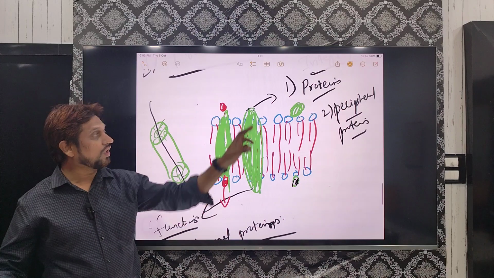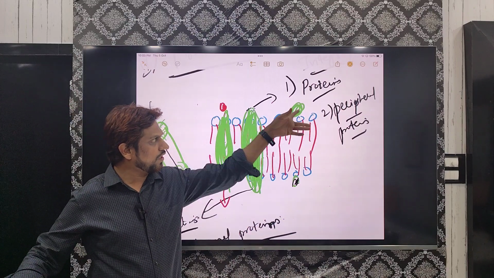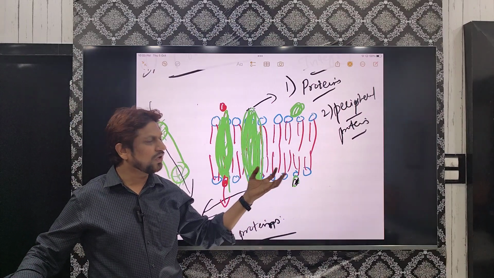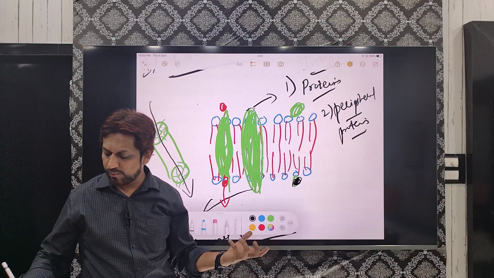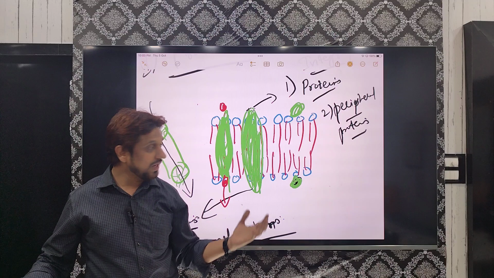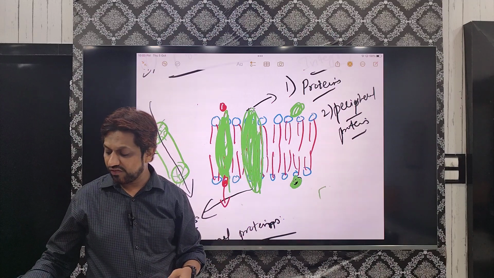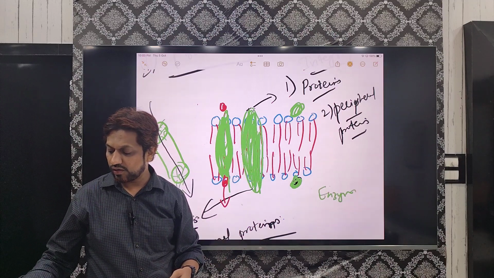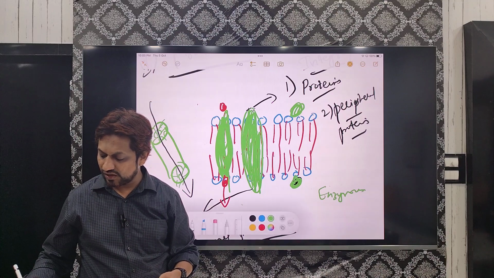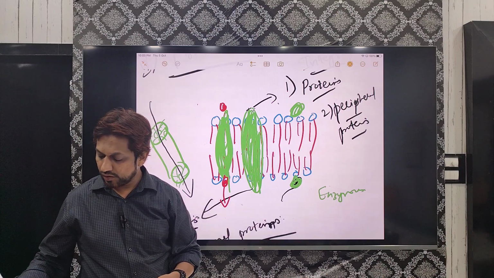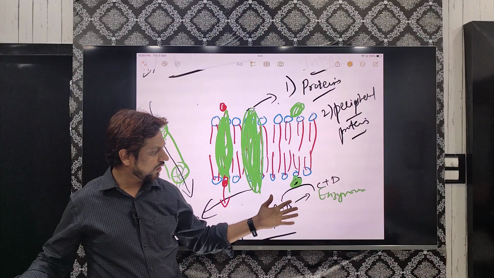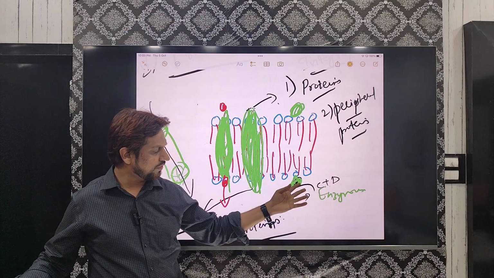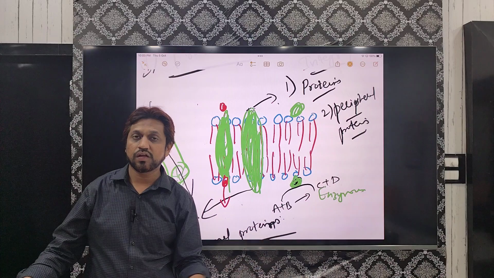Now what are the functions of the peripheral proteins? Peripheral proteins, either outside or inside, are loosely bound to the lipid bilayer, and mainly they will act as enzymes. Some reactions can take place, like A plus B gives C plus D, one reaction, and it is catalyzed or facilitated by this enzyme.